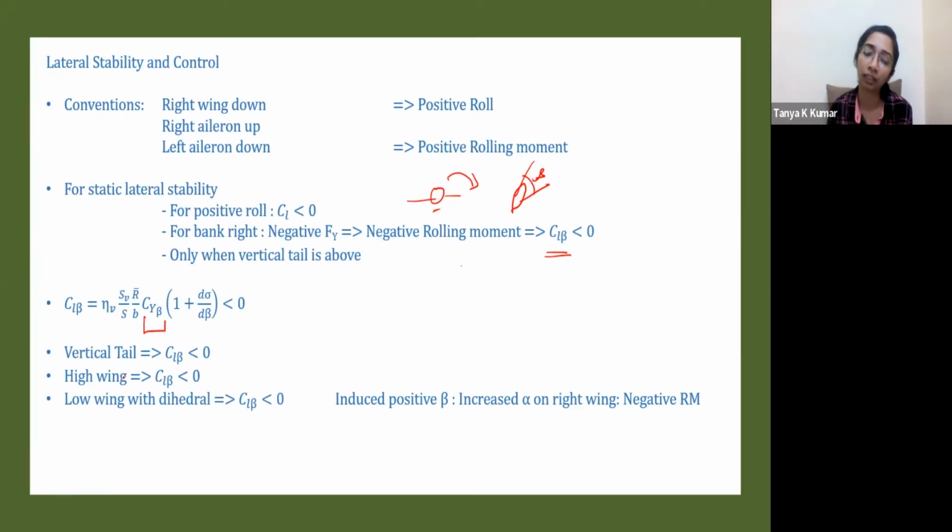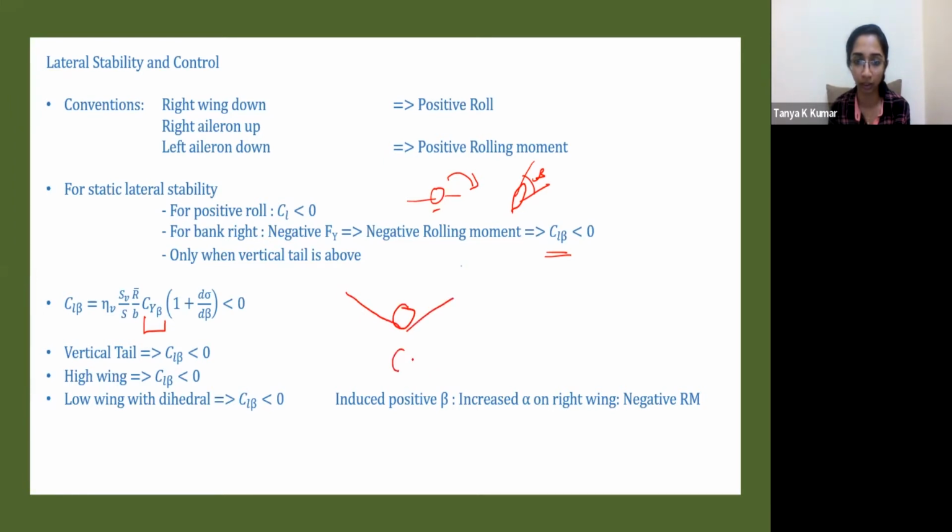Now, the components of the aircraft that contribute towards lateral static stability are the vertical tail, high wing, and low wing with dihedral. High wing already has a stabilizing component. Low wing has the reverse; it does not have a stabilizing component with respect to lateral stability. But if you introduce a dihedral on the low wing, dihedral is this angle.